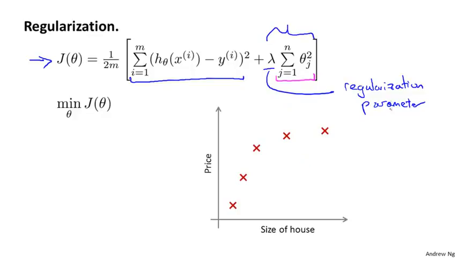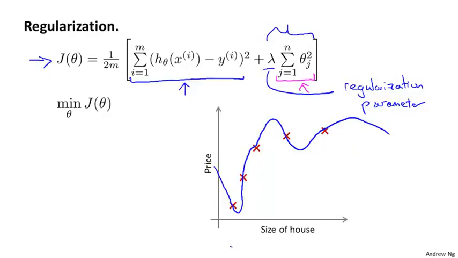And what lambda, the regularization parameter, does is it controls the trade-off between these two goals: the goal of fitting the training set well and the goal of keeping the parameters small, and therefore keeping the hypothesis relatively simple to avoid overfitting. For our housing price prediction example, whereas previously if we had fit a very high order polynomial, we may have wound up with a very wiggly or curvy function like this.